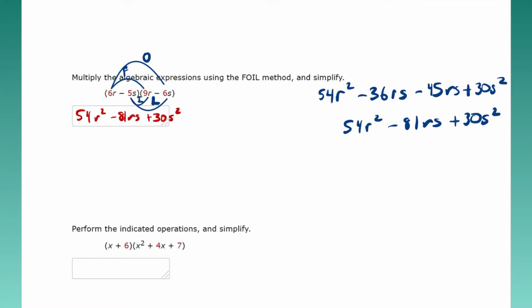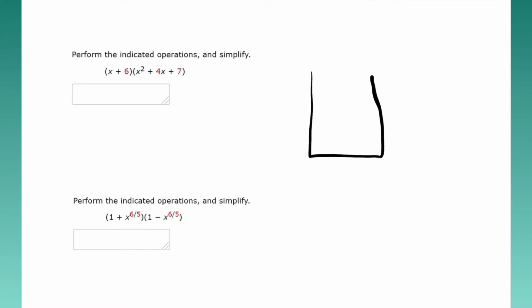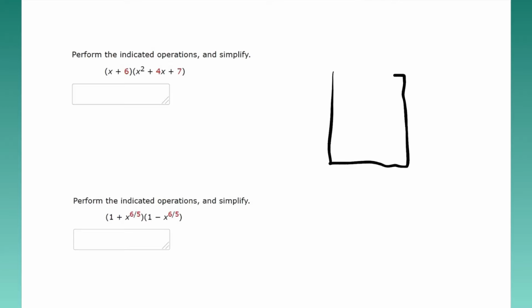Okay, moving on. This one says perform the indicated operation. We're multiplying a binomial times a trinomial. Whenever I have a binomial times a trinomial, I like to create a 2x3 box. So here's my 2x3 box.